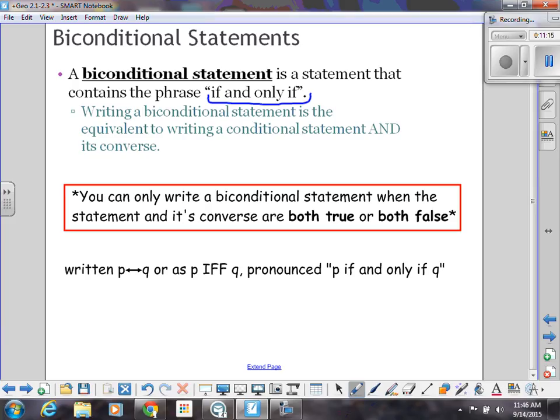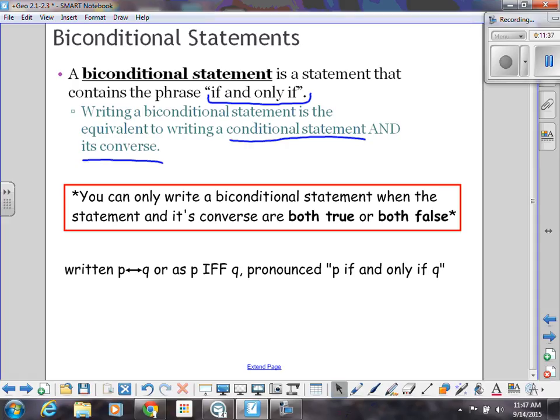And the reason we write that is because we're essentially writing the conditional statement and its converse. That's what a biconditional means. So if you use that prefix bi, what does bi mean? Two. So I've got two statements in one, essentially. I've got the conditional and its converse all in one statement.